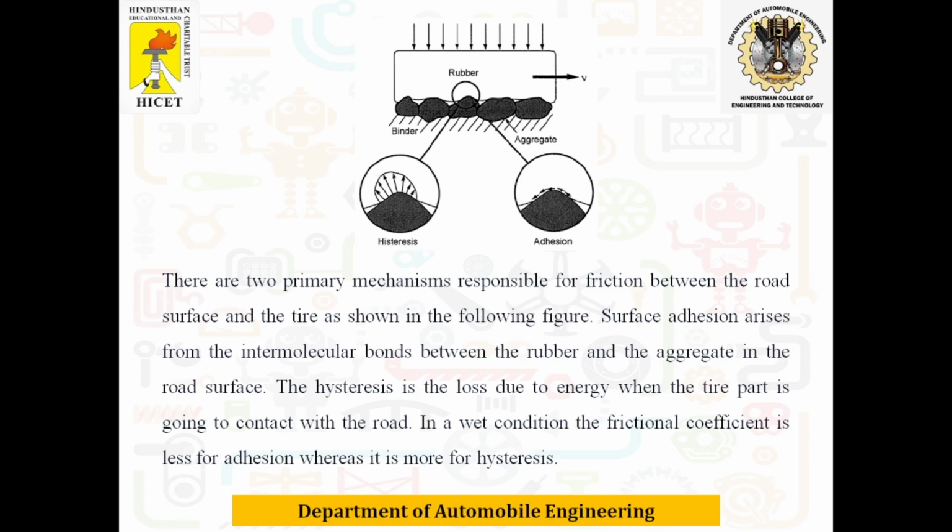And the second one is the hysteresis. It is a loss of energy when the tire part is going to contact with the road. In a wet condition, the frictional coefficient is less for adhesion, whereas it is more for hysteresis.